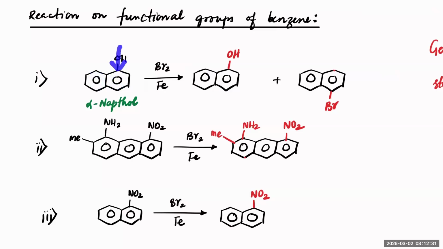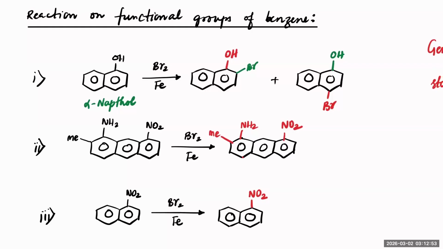This phenol ring is more activated, correct? We learned it already. So in this phenol ring, we have alpha, beta, gamma positions, I mean, ortho, meta, para positions. And we know that OH is OP directing. So we will get bromine at this position and bromine at this position. These two are the major products which you will get.